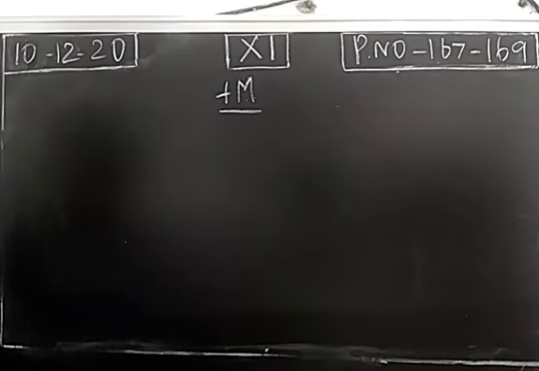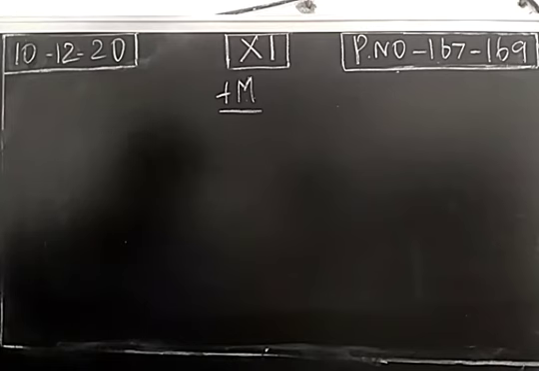Consider a conjugated system. If any electron releasing group is present adjacent to the double bond in a conjugated system, then there will be positive mesomeric effect.